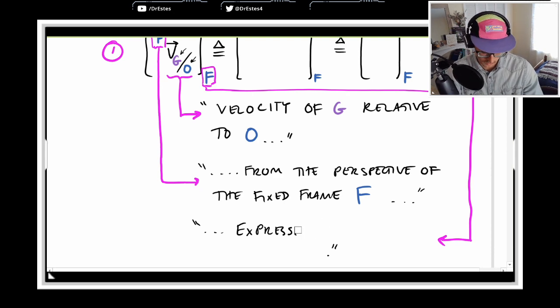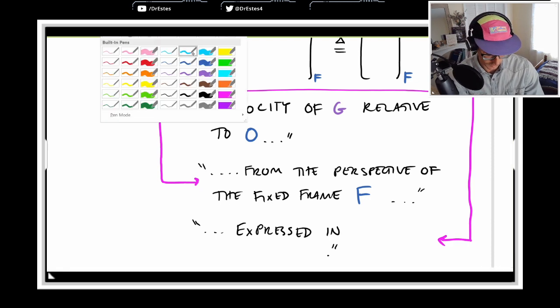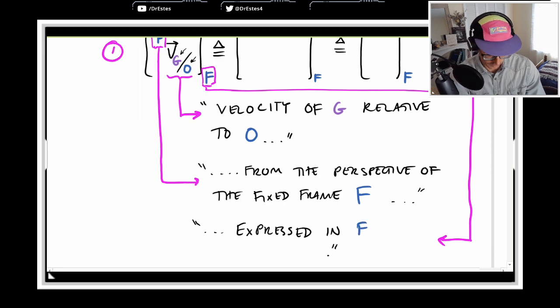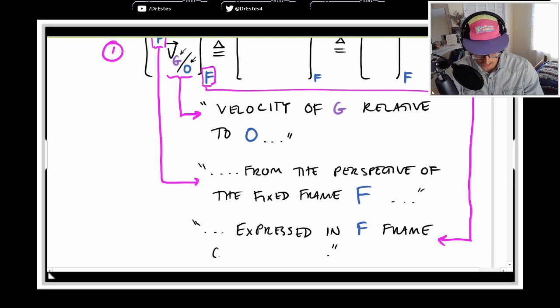So, okay. I got to get the right tense here. Expressed in f-frame components.